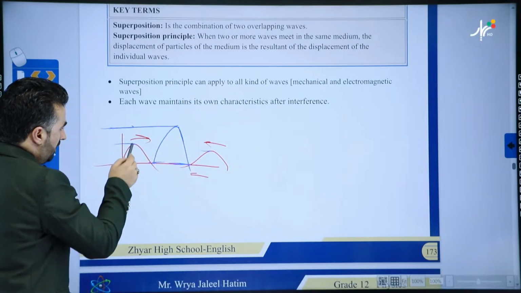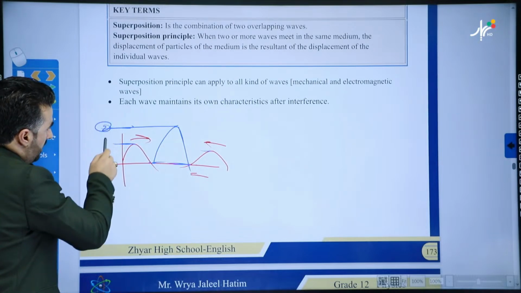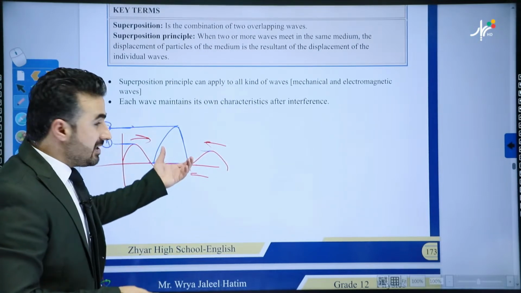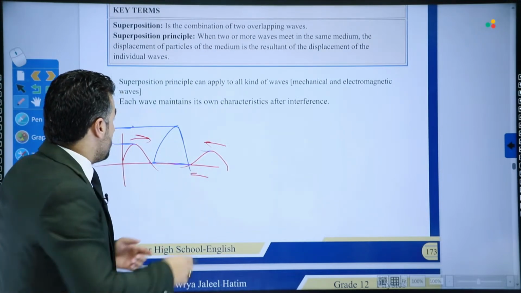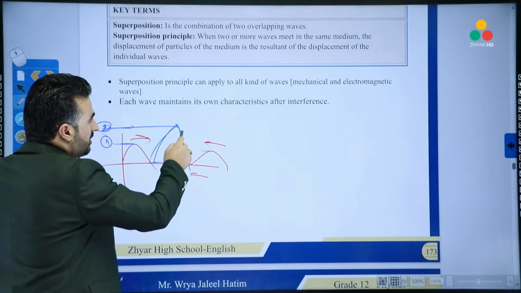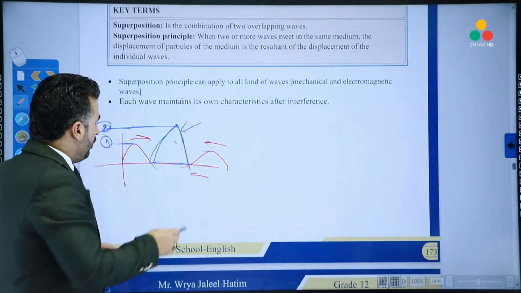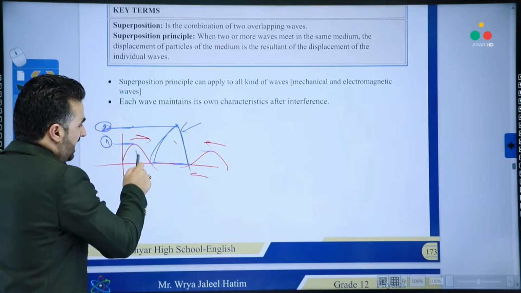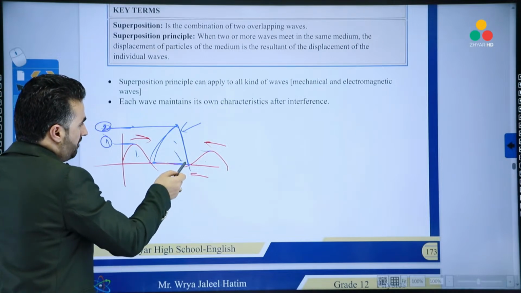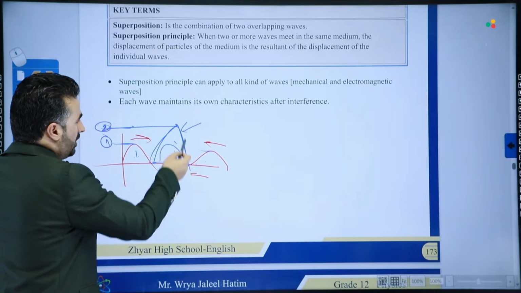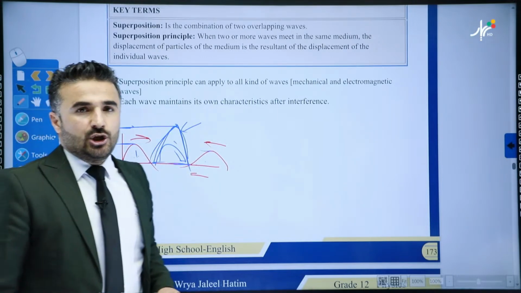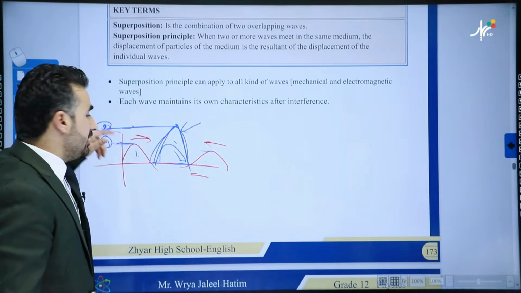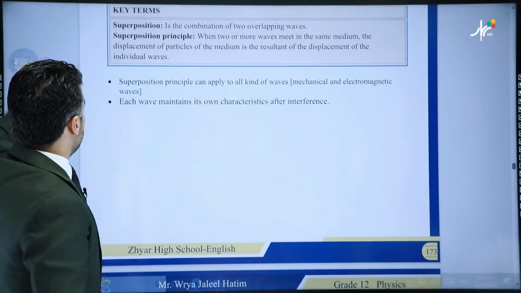So we get a total of 2 here. So the displacement of the resultant wave is the combination of the individual waves. If this is 1, and we add the other 1, we get a total of 2. That is in terms of the amplitude, or the displacement.